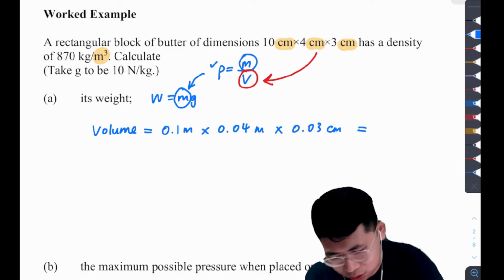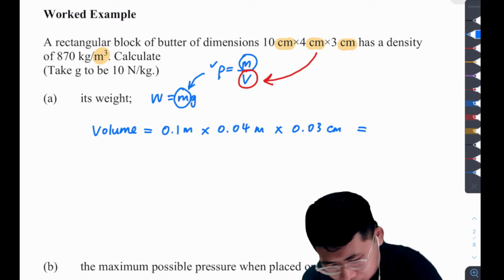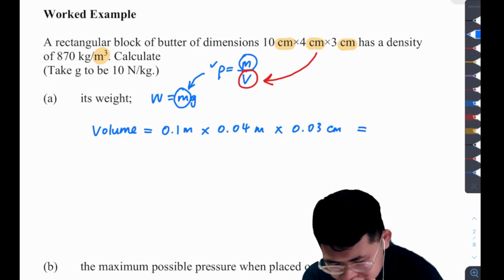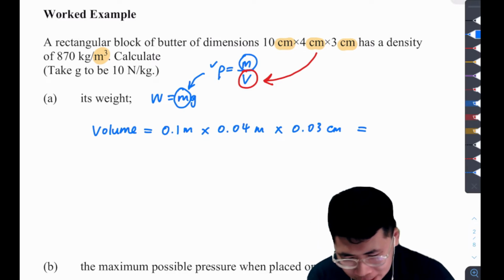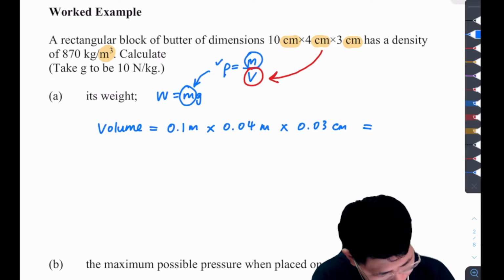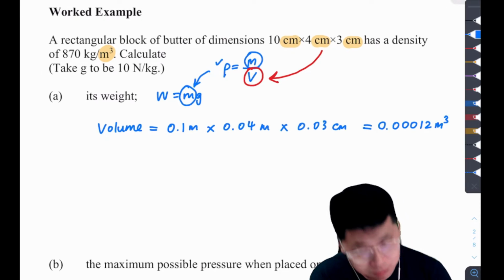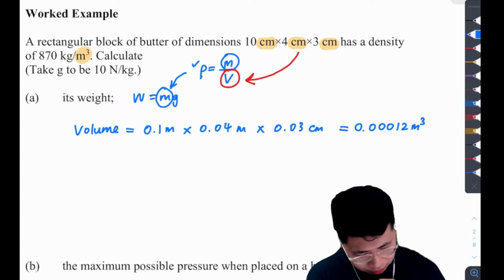The volume is going to be 0.00012 meter cube. With this, the volume is done.